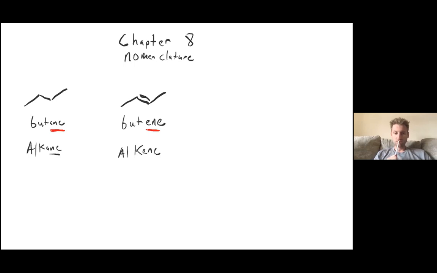If we want to signify what position this is on, if we were counting our carbons, this one's symmetrical, doesn't really matter that much. Our double bond is starting on position 2, so we would label this as a 2-butene. And that gets us half of the structure naming.